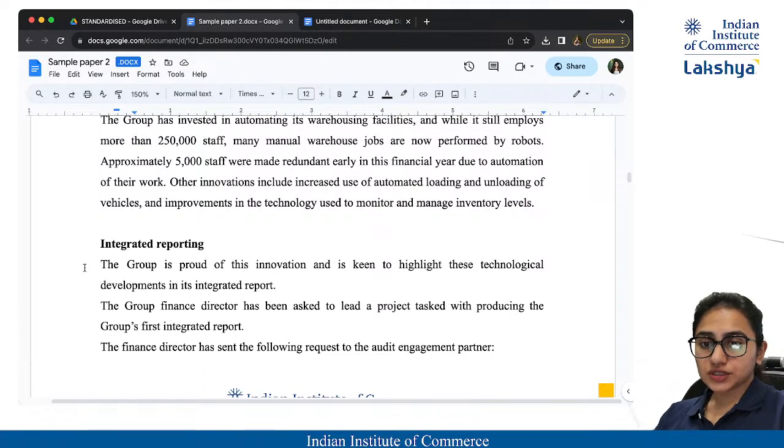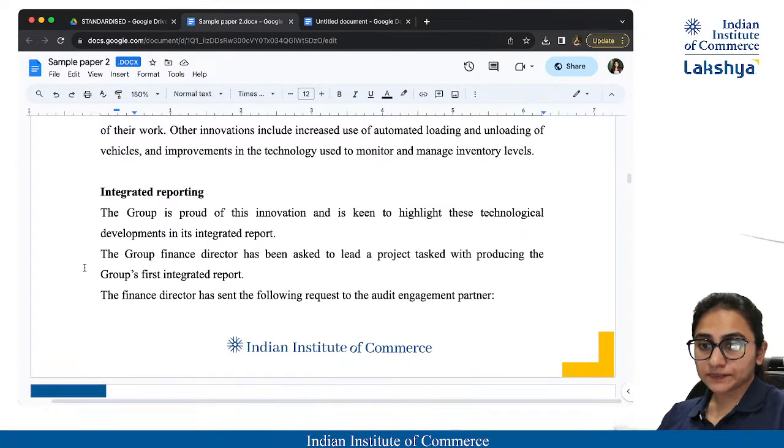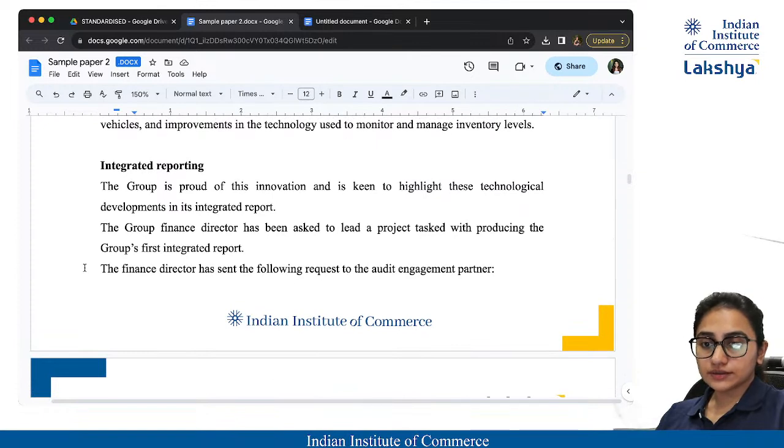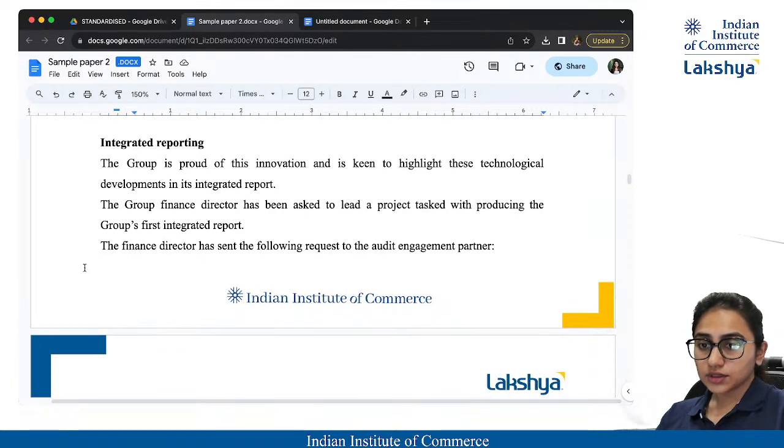Other innovations include increased use of automated loading and unloading of vehicles and improvements in the technology used to monitor and manage inventory levels. Integrated reporting. The group is proud of this innovation and is keen to highlight these technological developments in its integrated report. The group finance director has been asked to lead a project task with producing the group's first integrated report.